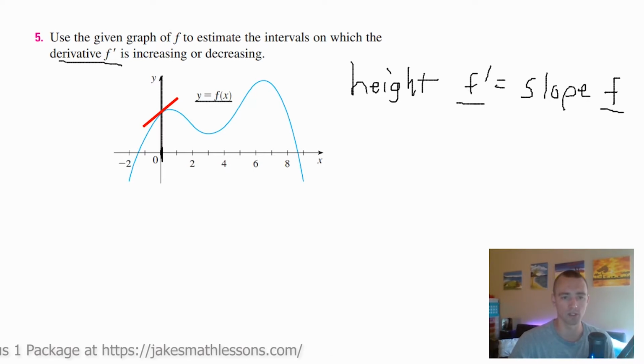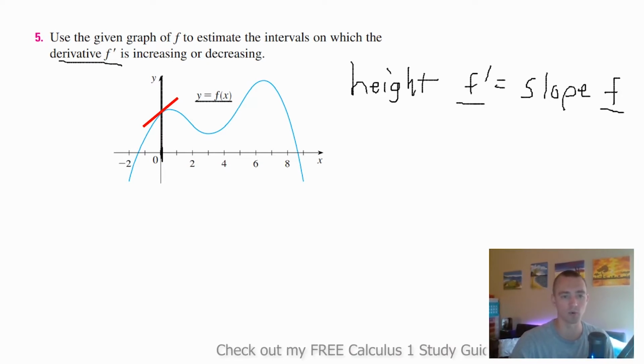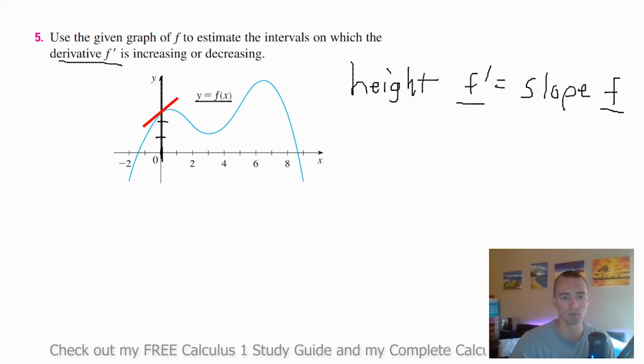Now, unfortunately, this y-axis here is not labeled, so we don't know exactly the slope. Again, we're just trying to figure out where f prime is increasing or decreasing. That's all we need to figure out. Let's just say for this quick example that y equals 1 is here, y equals 2 is here.